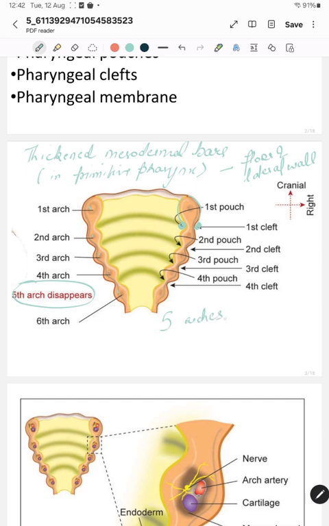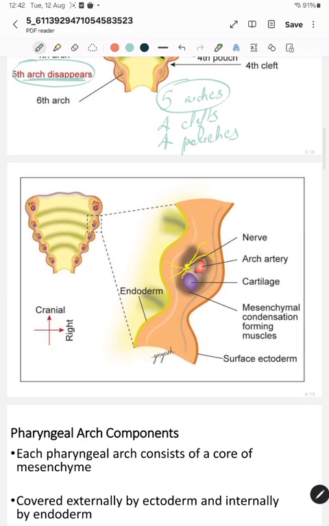So we have seen the 1, 2, 3, 4, 5 pharyngeal arches, and on the endodermal side this is the pouch, and on the ectodermal side this is the cleft.